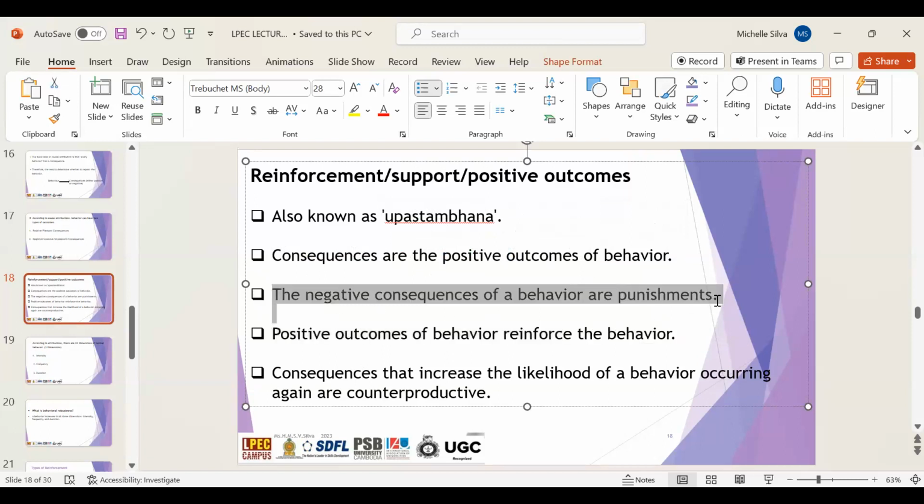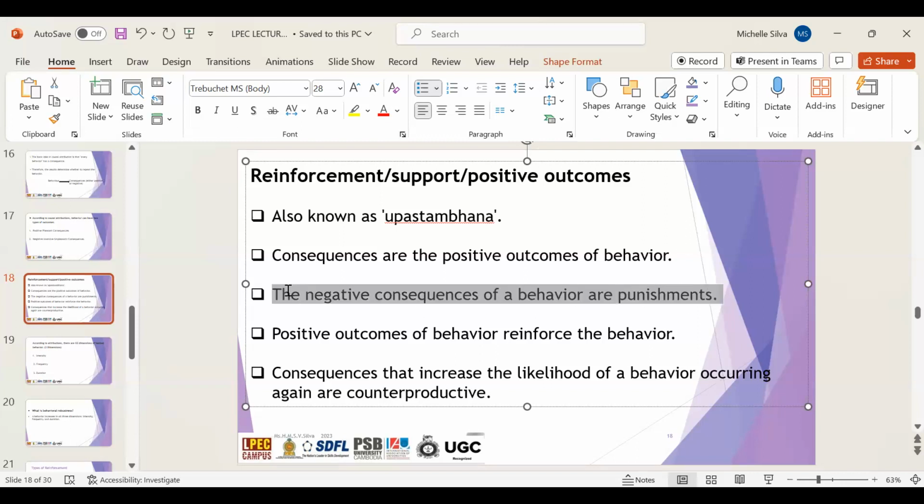The negative consequences of behavior are punishment. That means simply through punishment we can discourage a certain behavior. Let's say if other people are blaming me, it's a punishment for me. It says, please discourage your behavior further.